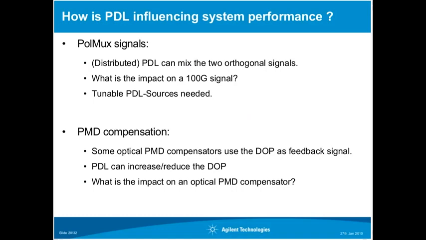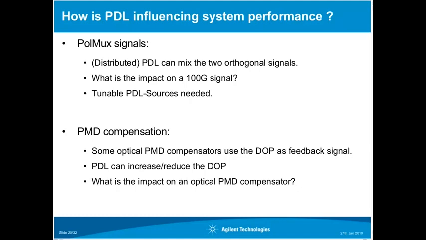So what is the impact on a 100G signal where you mix the 2 orthogonal polarizations together? Generally, this is a linear distortion and the receiver should be able to compensate for it. But you have to design your receiver for that, and you have to test it.